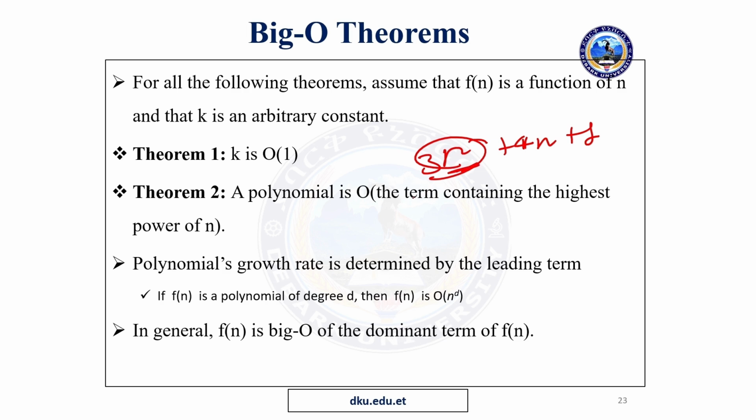So polynomial growth rate is determined by the leading term. If f of n is a polynomial of degree d, then f of n is big O of n to the power of d. In general, f of n is the big O of the dominant term of f of n.